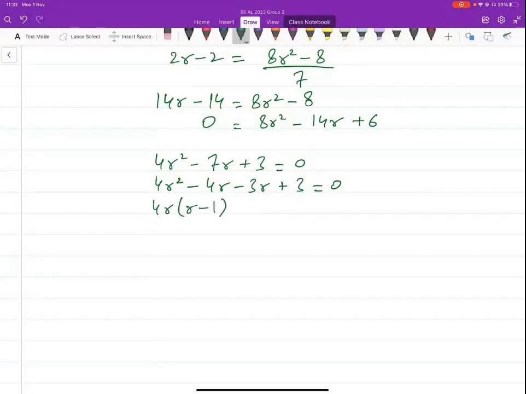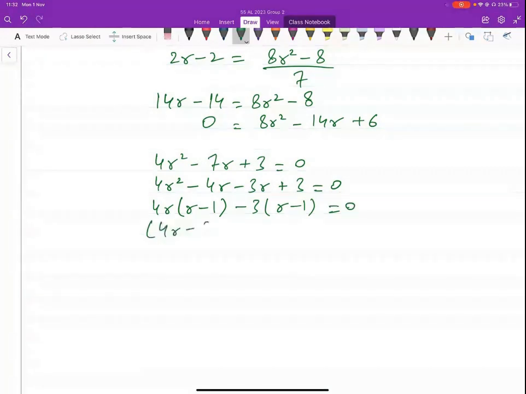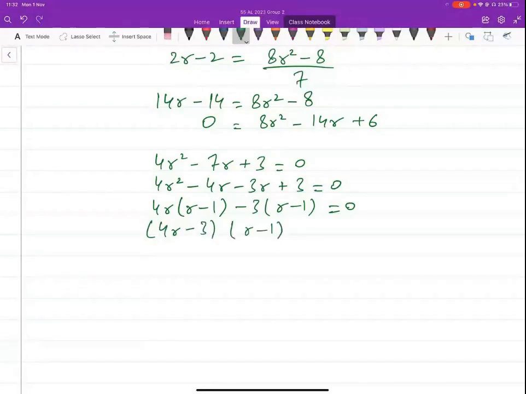That gives us R minus 1 inside, and minus 3 common. That gives us R minus 1. We've got two factors, 4R minus 3 and R minus 1 equals 0. So R either equals 3 over 4 or R equals 1. We've got these two possibilities.